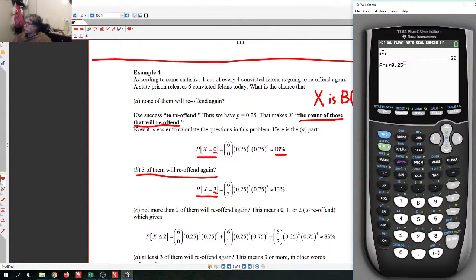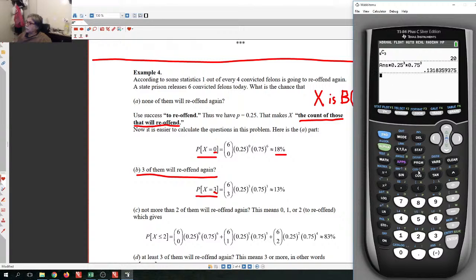Then I have to multiply that again by 0.75 to another power of 3, the cube. So this is 20 times the cube of 0.25 and the cube of 0.75.